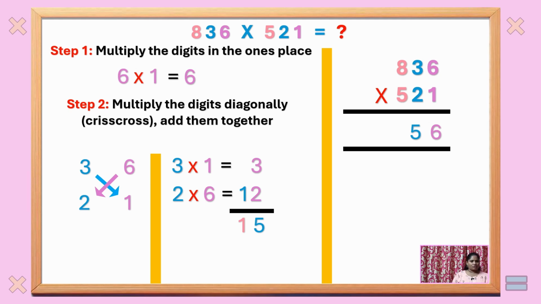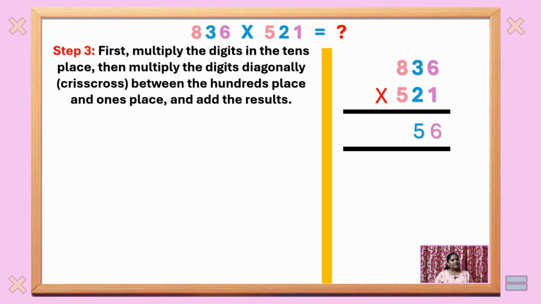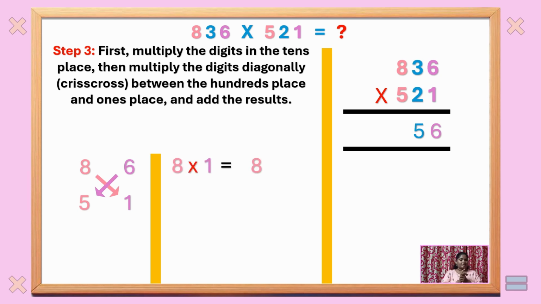Now let's go to the third rule, which is first tens place multiplication and then cross multiplication of ones and hundreds place. 8 ones are 8, 5 sixes are 30, 3 twos are 6. Let's add them.